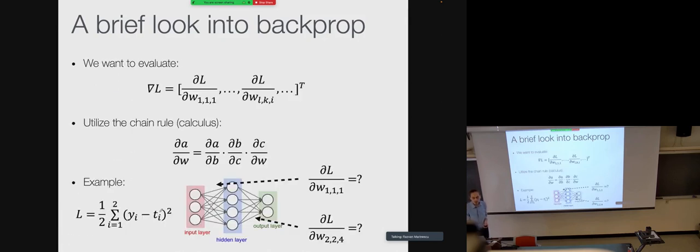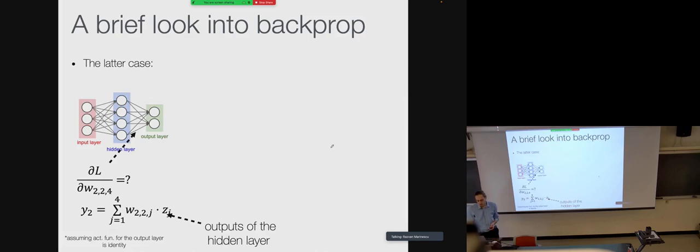So how do we compute the gradient with respect to these parameters? Let's see an example. We want to compute the gradient of the loss function with respect to W224, for example, this one here. What is it equal to? We first notice that Y2 is equal to the sum of the weights coming to the neuron times the outputs of the hidden layer, ZJ.